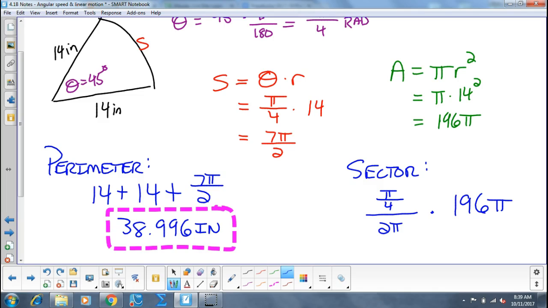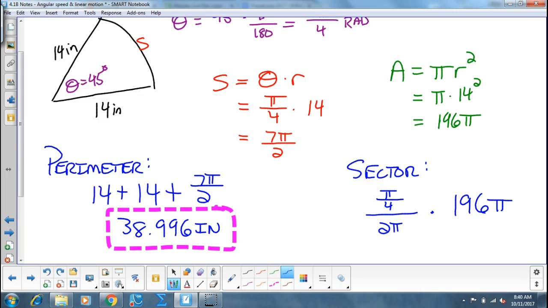Should be 1/8. Okay, 1/4 would be a 90 degree chunk. Half of that, so that should be 1/8 times 196, that's 24.5, and then multiplying that by pi.